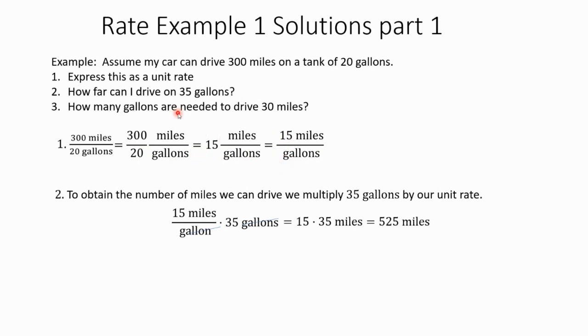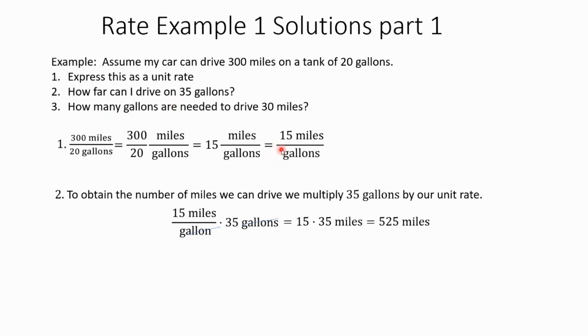For number 2, we want to know how far can I drive on 35 gallons. So let's say my gas tank can hold more than 35 gallons, but there's only 35 gallons of gasoline in there. How many miles could I drive? That's really what number 2 is asking us. We can get that using the factor label method.